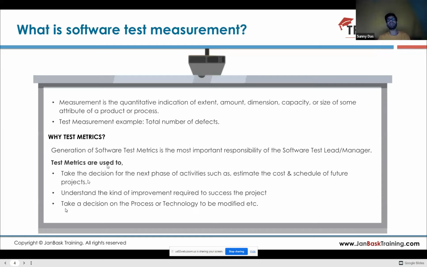Initially it was estimated that it will take around 15 to 21 days, so 2 to 3 weeks, to complete the execution. But while executing, you can see that it's taking almost 1 or 1.5 months. So from there, you can get the idea of how much time it is taking to execute the test cases. Once you are executing the test cases, you will log bugs, then the bugs will be fixed by the developer, and then you need to retest those.